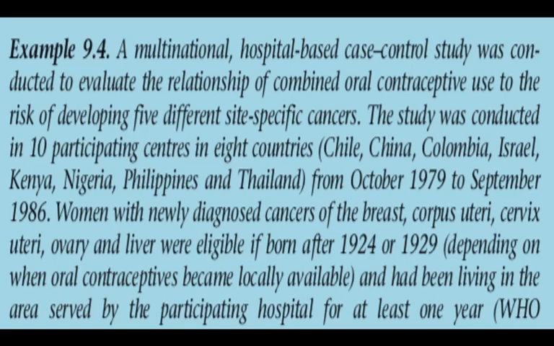Now, if you look at the study, it says that the women were born between 1924 to 1929. Now, this is important. Why? Because those women who were born prior to the 1920s are much older at the time the study begins. The selection criteria remain the same because the availability of oral contraceptives is more useful for women of younger age rather than older or elderly women where there is already a menopause.